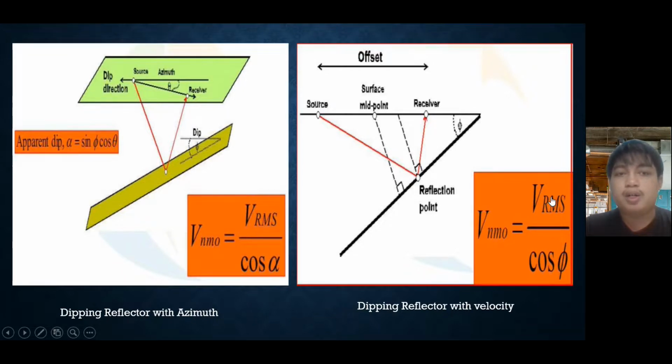The formula is more or less the same, but there is a difference in the angle: for azimuth we have cos alpha, and for the other we have cos of the angle. To get the apparent dip, it is equal to the sine of the angle multiplied by the cosine of the azimuth. Okay, moving on.